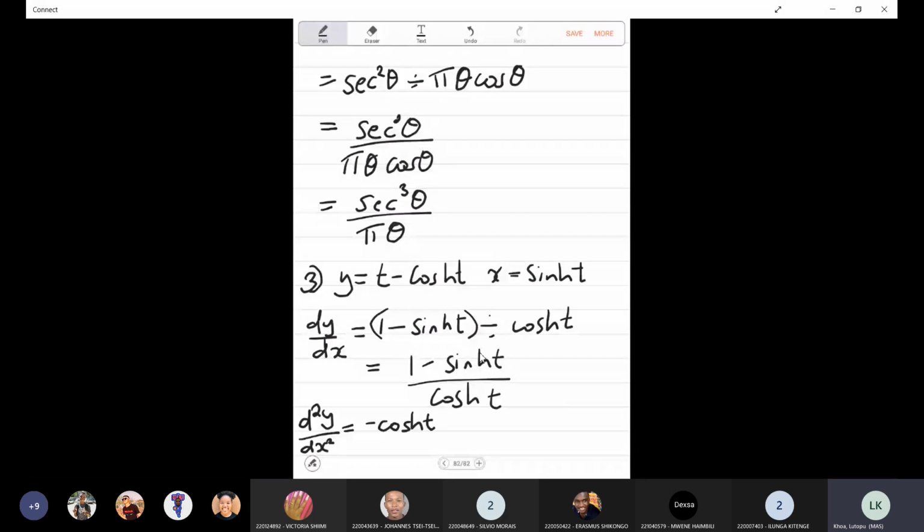Isn't the derivative of cos supposed to be negative sine? We don't have cos here, we have the hyperbolic cos, which is not the same as cos. Okay.